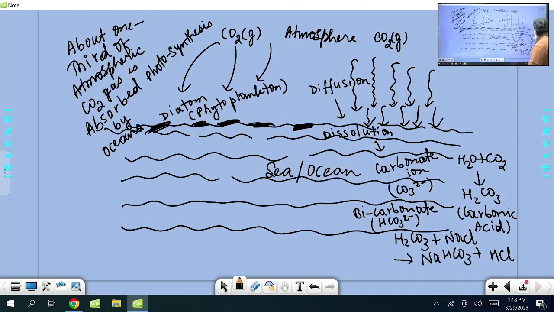Now my question: what are the other stages, other processes of the carbon cycle? You all have read the carbon cycle. Tell me, what else is there? Anyone in the classroom? Pratap, what other processes are there in it?